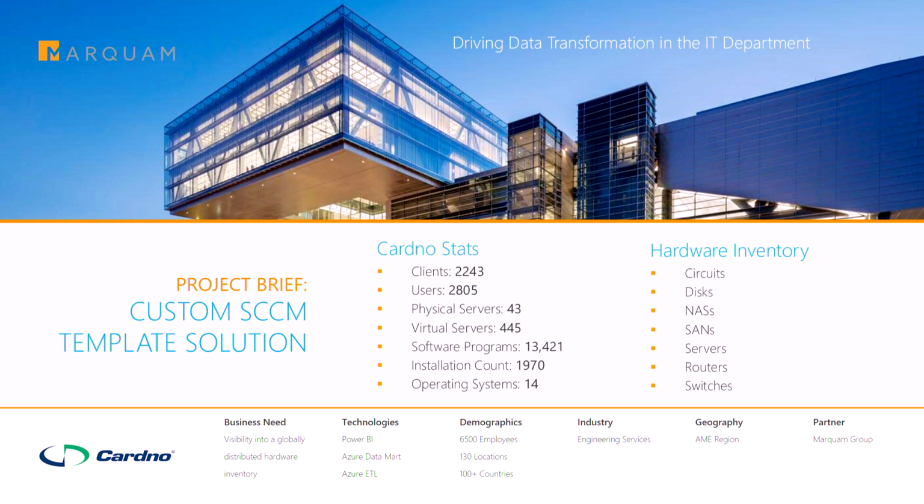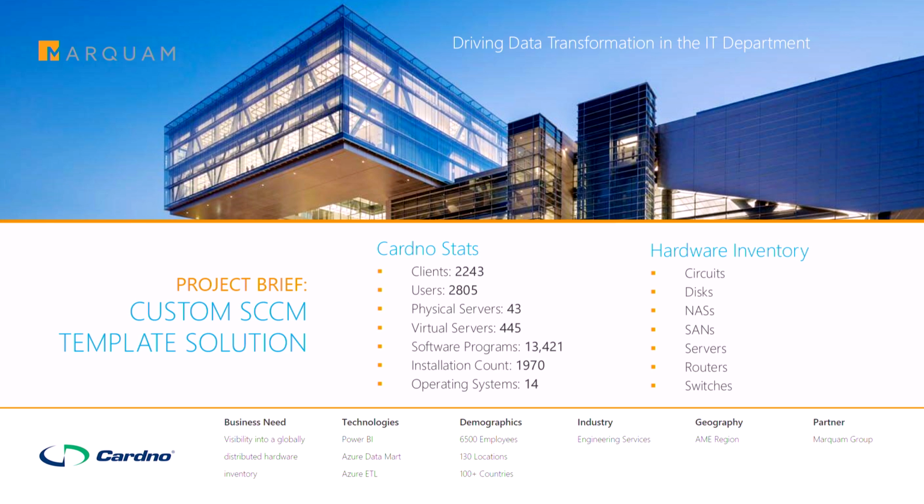So the client I want to talk to you about is a client in Portland. They're called Cardno. They are a global company, so they have offices all over the world. They are an engineering services company, so a lot of their employees are in the field, lots of devices. And they have a fairly sophisticated network and device environment to take care of.